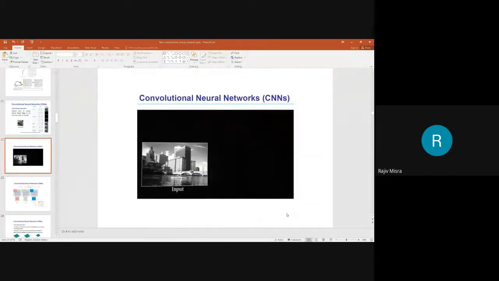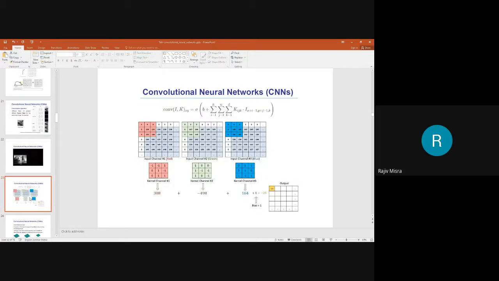So this is the input image, and let us see how this input image will be computed. Let us go into more detail of understanding this convolution operation, which is part of the convolutional layer. Here you can see that the image, which is a colored image, has red, green, and blue.